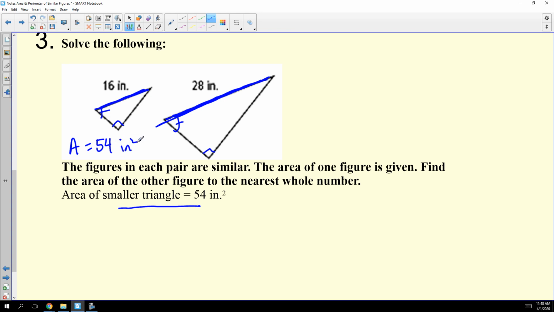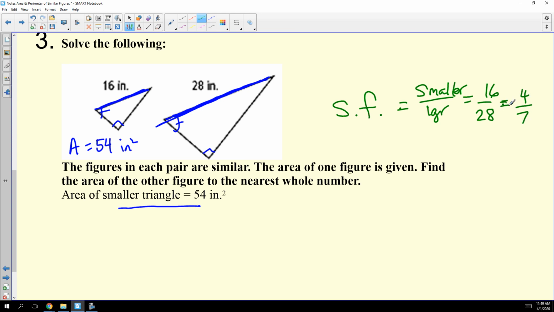All right. Same thing again. I'm going to find the scale factor. If you want to put the smaller over the larger, I'm going to say 16 over 28. Divide them both by 4 and get 4 over 7. So the scale factor is 4 over 7, and then I'm going to use that and the idea that the ratio of the areas is a squared over b squared.